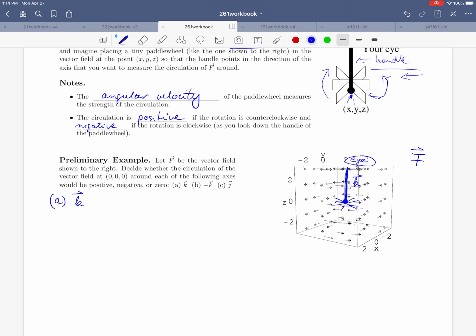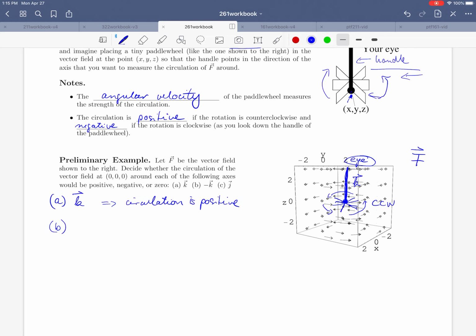And so which way is this rotating? You can see my pedals are going to be pushed in this direction. And if my eye is up here at the top of the handle, that would appear to be counterclockwise. So this is counterclockwise rotation. And so my circulation is positive. Okay. Try to convince yourself that that is the case.